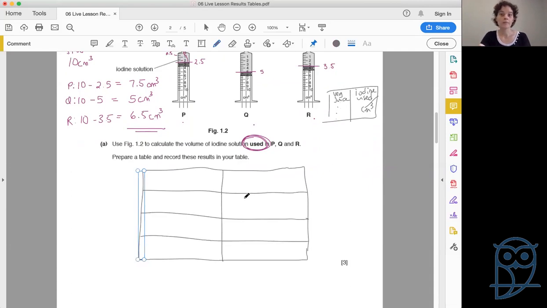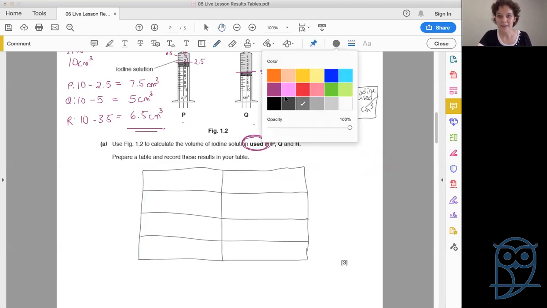Okay, now, headings with units in that first row. So this one would be, whoa, not in pencil. We now switch to a pen.